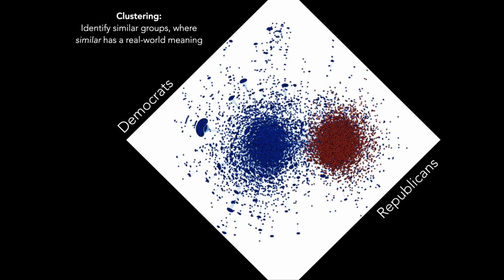So the obvious example of this that I've shown you already is clustering the graph into Democrats and Republicans, where two nodes that are in the same political ideology cluster are likely to have similar political ideals, whereas a node taken from one cluster and compared to a node from another cluster may have very different ideological positions.